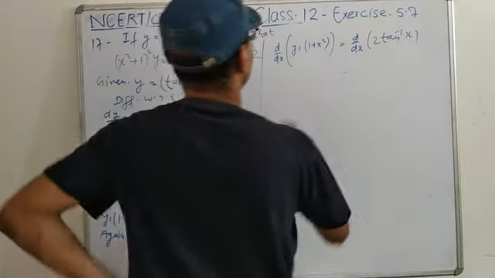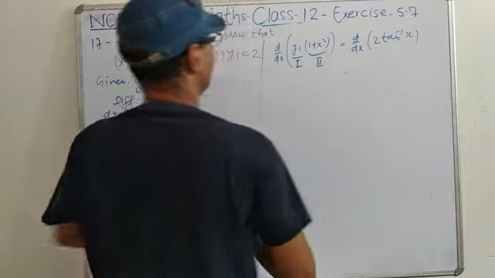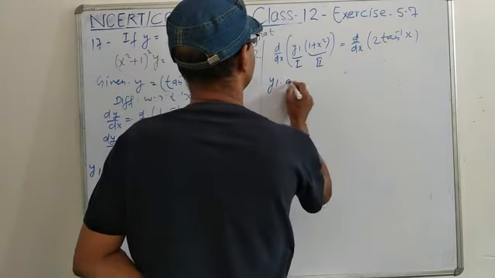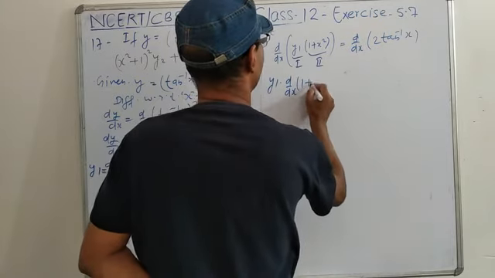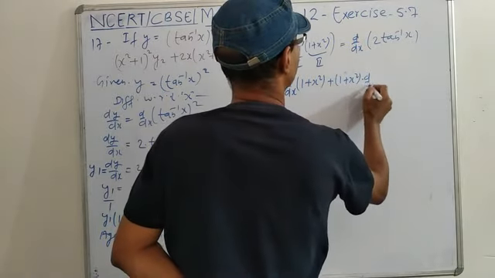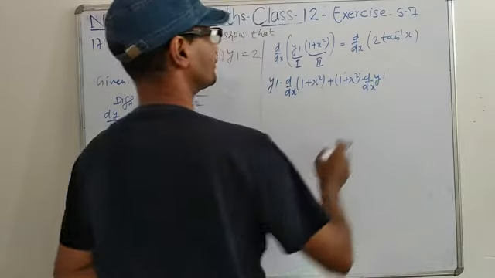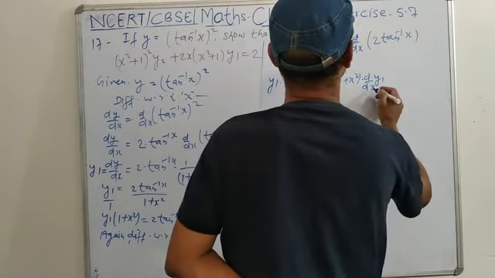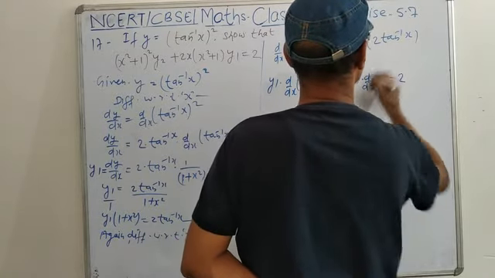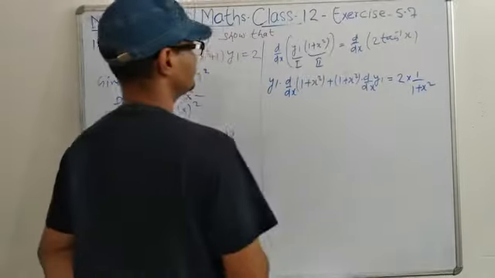So d/dx of y1 into (1 plus x square), suppose y1 is the first function and this is the second function. So we can use here the product rule: first function into derivative of second function plus second function into derivative of first function. On the right side, 2 is constant, tan inverse x, differential is 1 upon 1 plus x square.